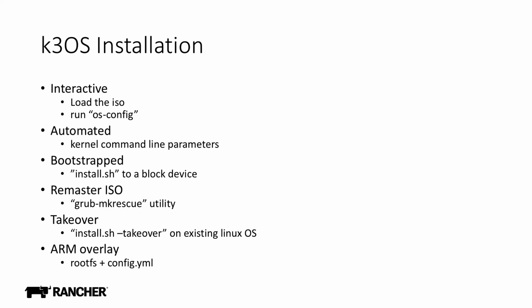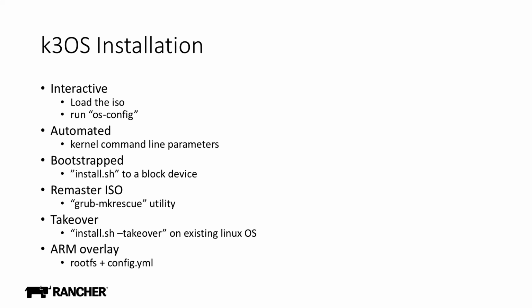This is interesting: you get into an existing Linux system, download K3OS, and run the install.sh script with the takeover flag and whatever other parameters, similar to what's in the command line. It's essentially the same as the automated one, only you're doing it as parameters to this script. And then you reboot into K3OS.